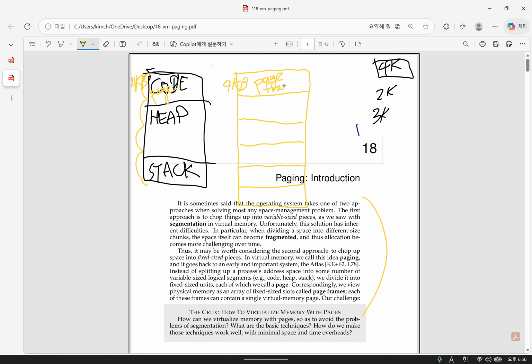They put the term frame at the back, and for virtual memory they're just called pages. These pages are mapped, let's say something like this, to a page frame.